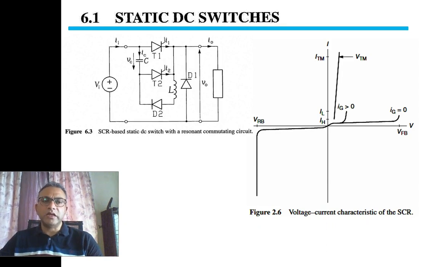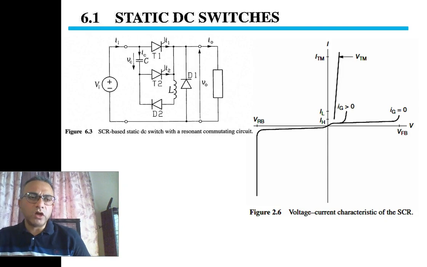IL, the latching current, tells us that if we want a continuous current to flow through the SCR, then the current flowing through the SCR must be larger than the latching current. And the value of IL is also provided in the manufacturer data sheet of the SCR.